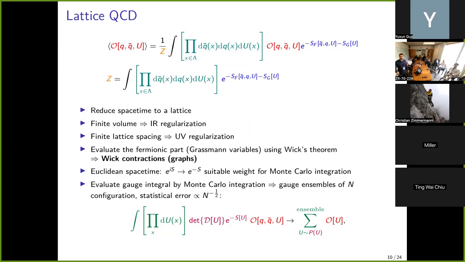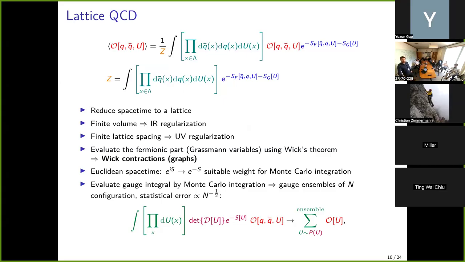So we calculate expectation values of operators by directly evaluating the Feynman path integral on a discrete and finite space-time, which is our lattice. The advantage is it's finite, so it has infrared regularization. It has finite lattice spacing, which means we have a UV cutoff. The fermionic part, so the quark fields, can be analytically evaluated because they're Grassmann variables, and that results in these so-called Wick contractions.